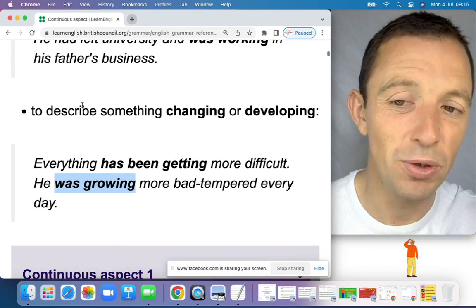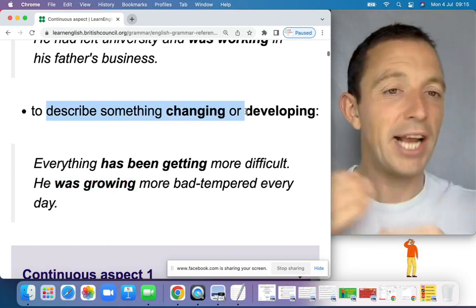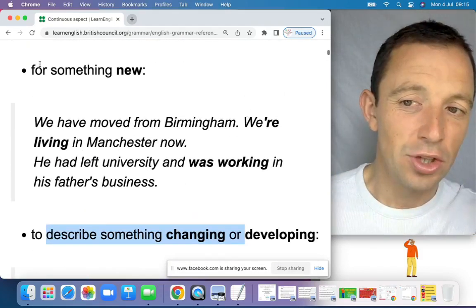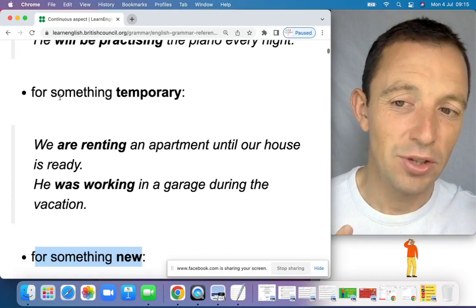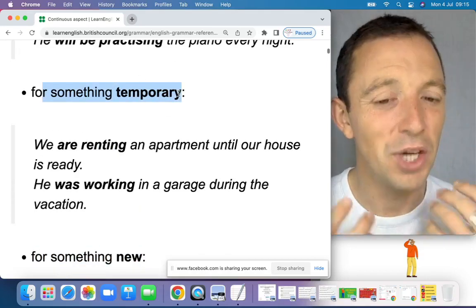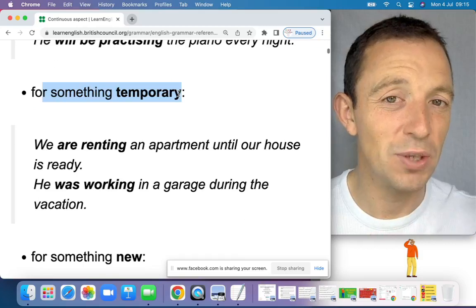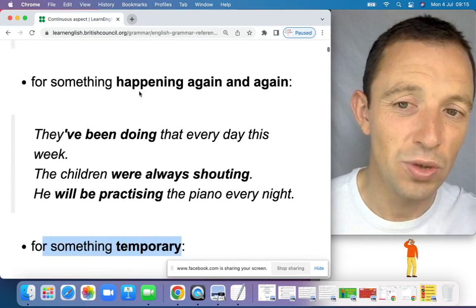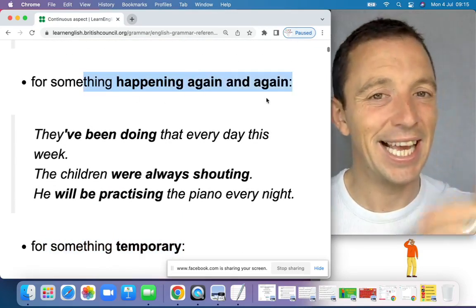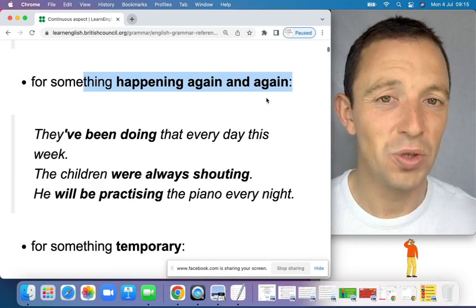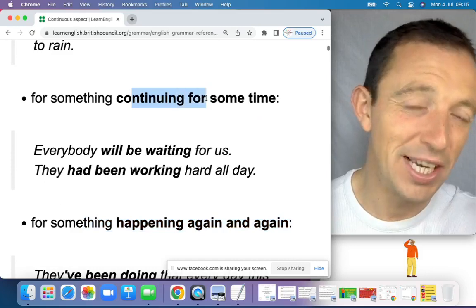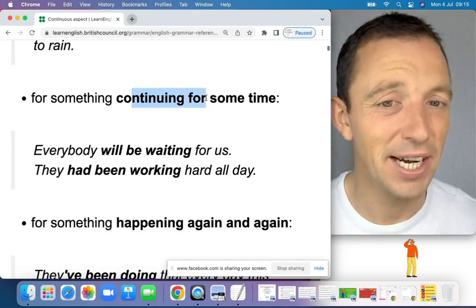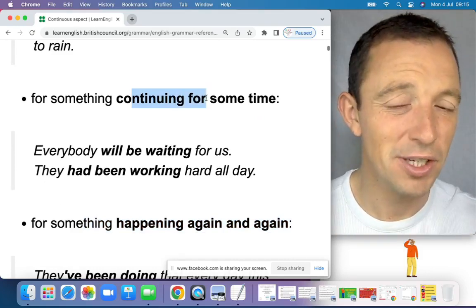So let's review. Finally, to describe something changing or developing. To describe something new, we use the continuous. To describe something temporary, we also can use the continuous tenses. To describe something happening again and again and again, we can also use the continuous aspect. To describe something continuing for a long time or for a particular time, we can use the continuous.